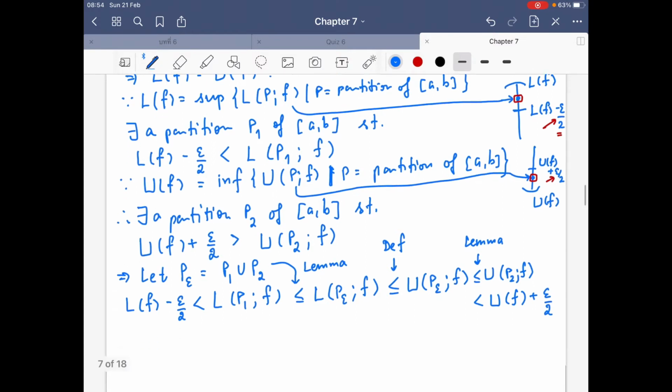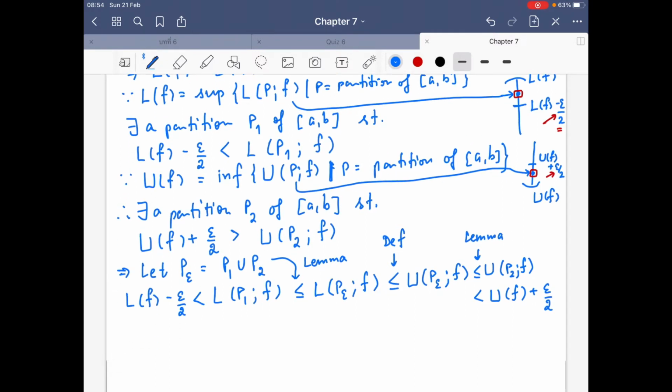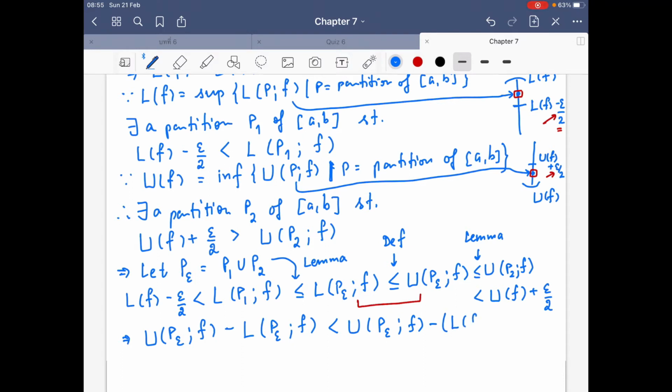So if you consider these two things, because this is what you need to prove, the upper sum of the partition P epsilon minus the lower sum of this partition will be less than the upper sum, minus the lower integral subtracted away by epsilon over 2.